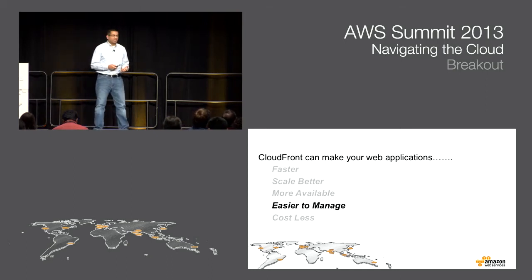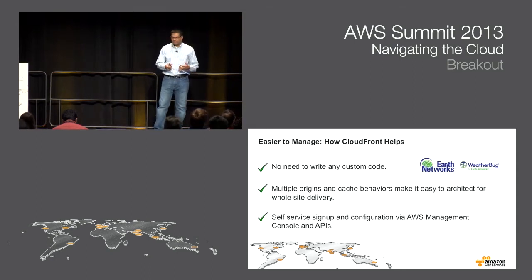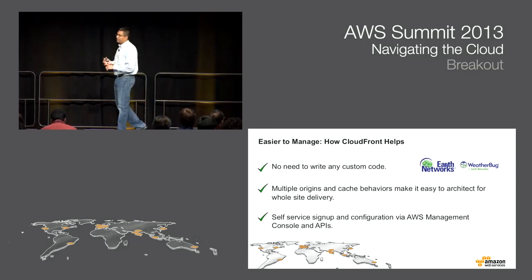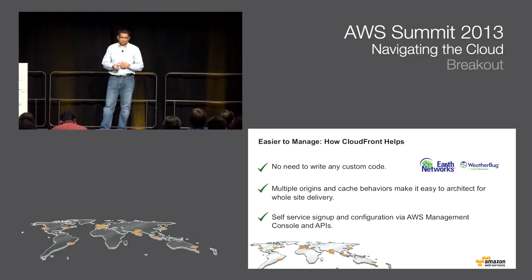CloudFront can help make your applications easier to manage. The ease of management comes from what's true across all of Amazon Web Services, and that's self-service sign-up, easy to get started, using the APIs or the management console. But in addition to that, what customers have told us is they don't need to write any custom code, which they've had to do with other providers.